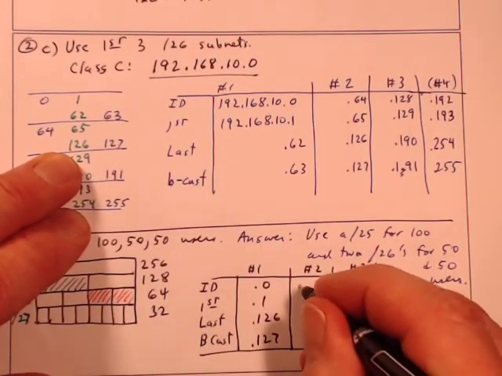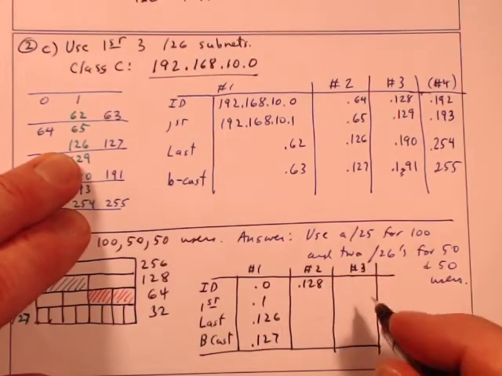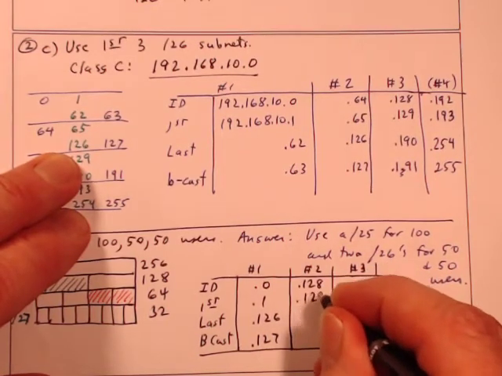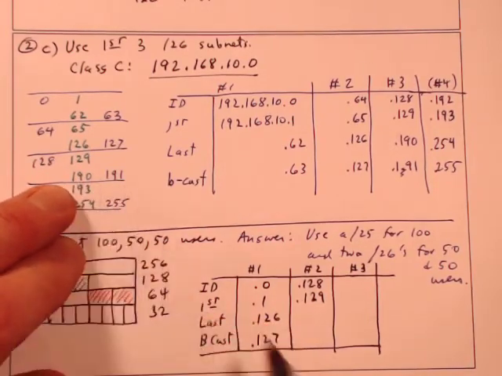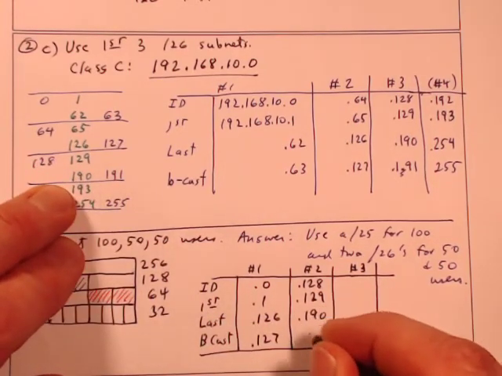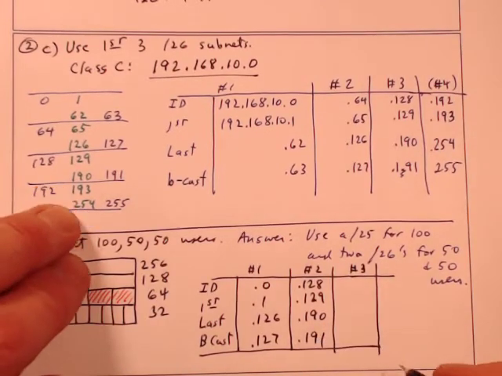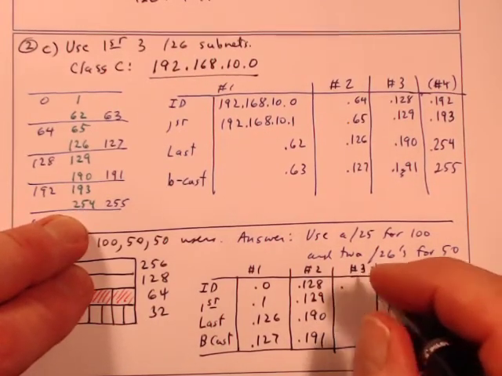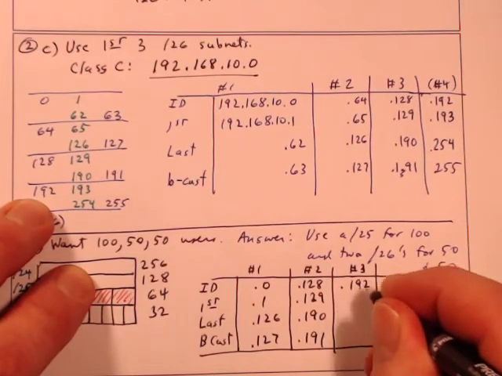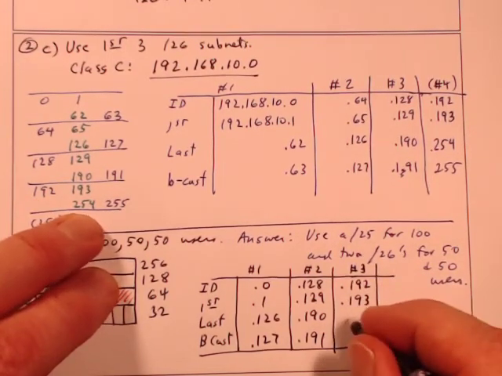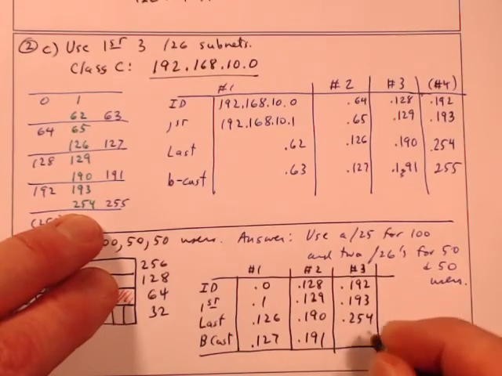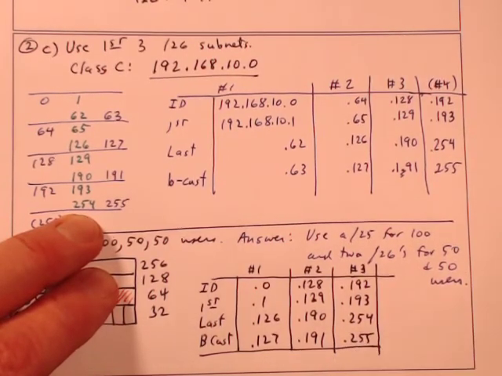Number 2 is going to start at 128, go to 129, and then it's going to jump up only to 190 and 191. Number 3 is going to start at 192. First address is going to be 193. Last usable address is 254, and broadcast is 255.